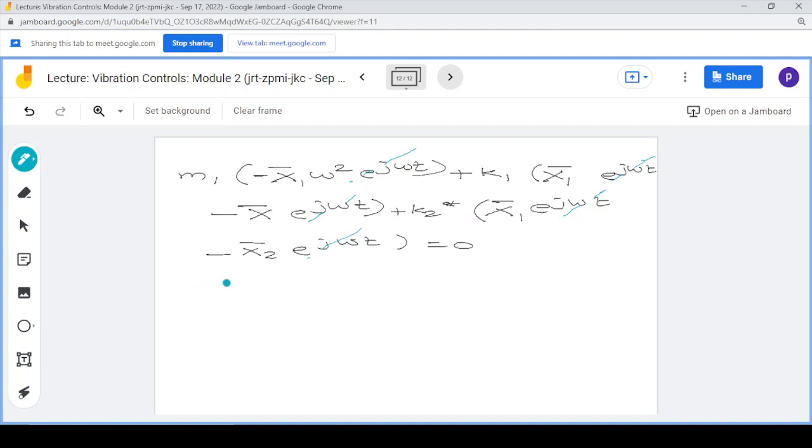Okay, so look at this term: it is k1 x1, and this is also a term with k1 and x1. So we will add these two terms and take the positive sign first. We will get x1 bar into bracket k1 minus m1 omega square.